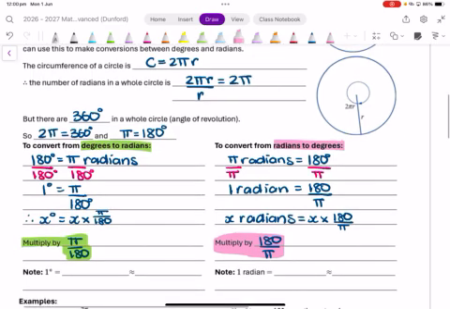Okay, so what we have is that 1 degree is equal to pi on 180, like we just discovered up above. So that is approximately, if you were to go pi on 180 into your calculator, that is equal to 0.017 radians.